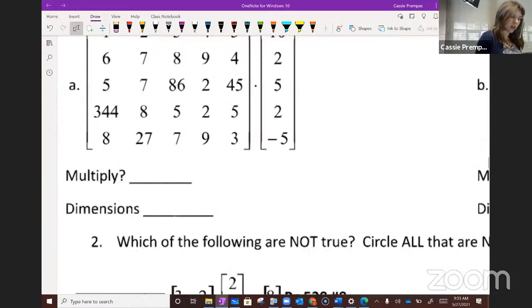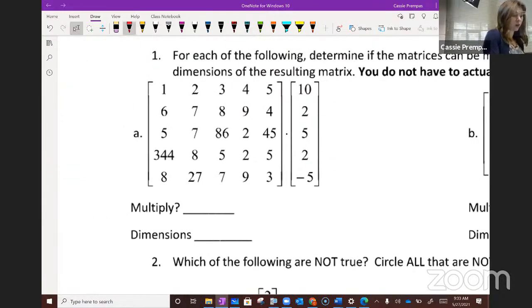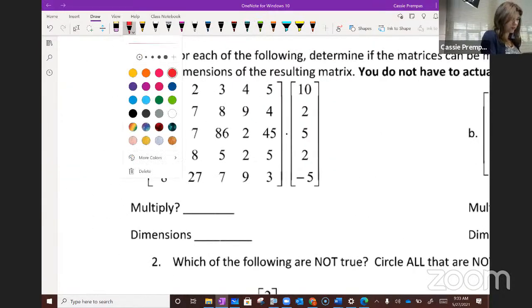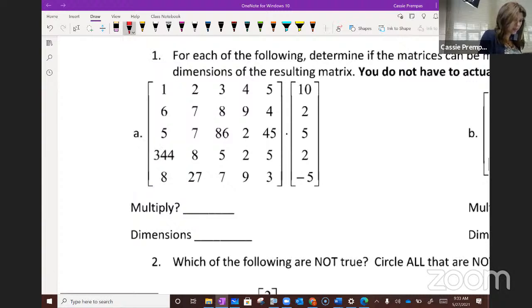So looking at letter A, the first thing that you're going to want to ask is, what are the dimensions of that first matrix? Charlie: 5 by 5. Awesome. What are the dimensions of the second matrix? Lily: 5 by 1, because it has 5 rows and 1 column.